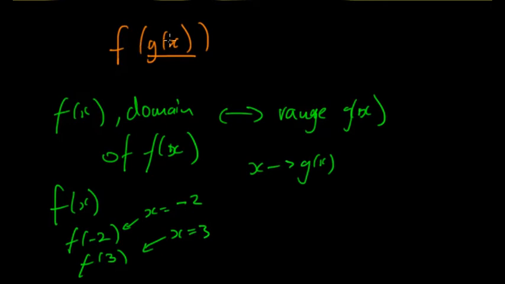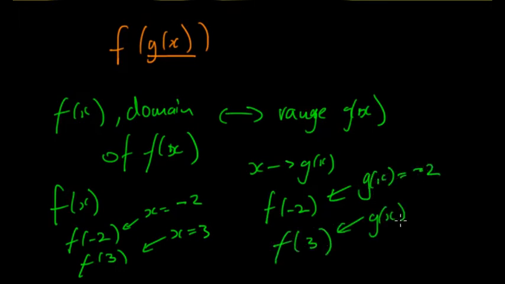But rather, when we look at f(g(x)) now, when we say f(-2), what that means is g(x) is equal to -2. When we say f(3), that's saying that g(x) is equal to 3. So instead of looking at x, now we're looking at g(x). And when g(x) is equal to something, that is referring to the y value, or we're looking at the range.